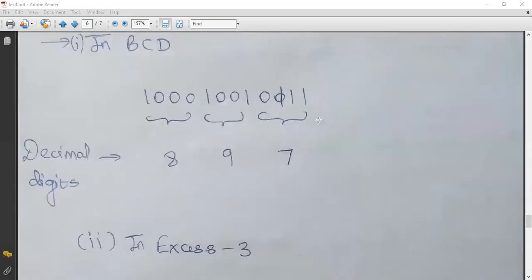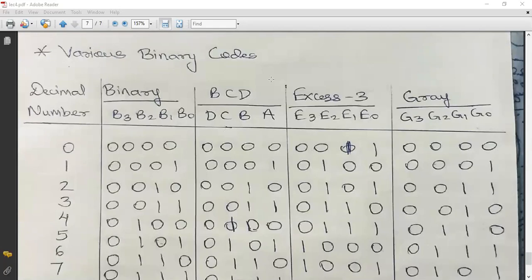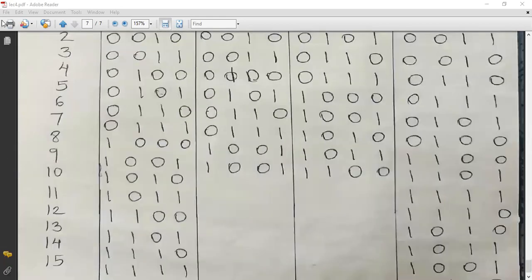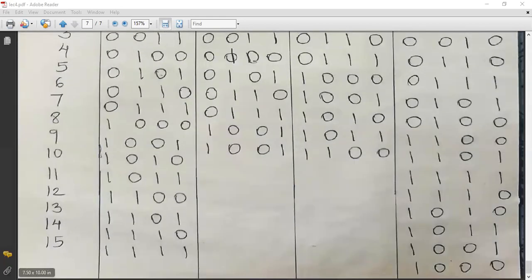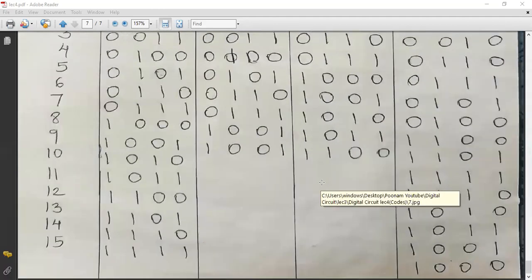So we just need to follow those steps and write the value for every code here in the table. We have written these values from 0 to 15. So this is the task for you. Just write the decimal numbers 0 to 15 and write the binary equivalent, BCD equivalent, XS3 equivalent, and gray code equivalent.